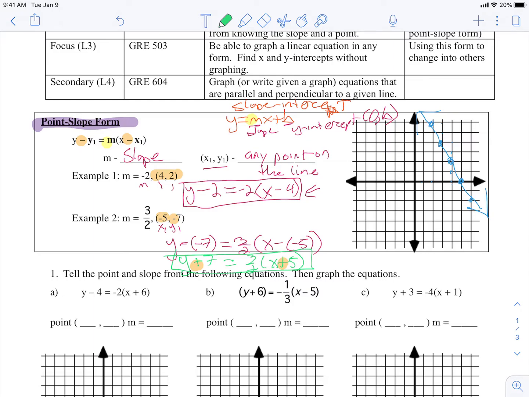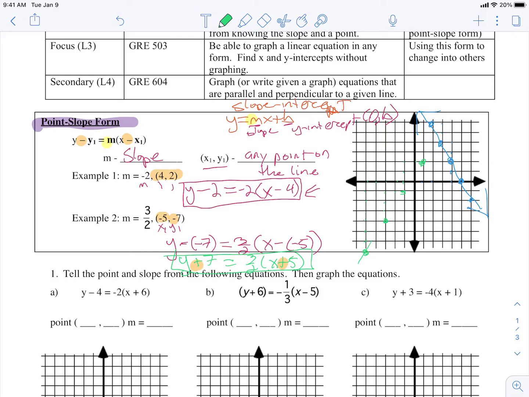So now let's go ahead and plot this. Negative 5, 1, 2, 3, 4, 5, then 1, 2, 3, 4, 5, 6, 7, and up 3, over 2. Up 3, over 2, up 3, over 2.